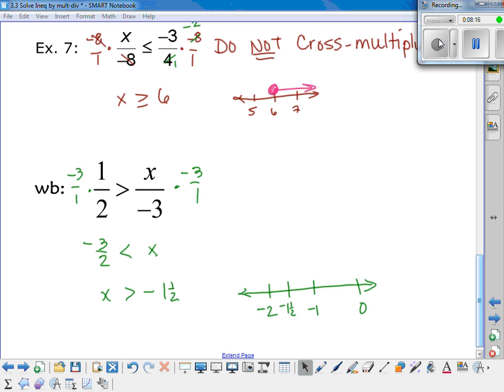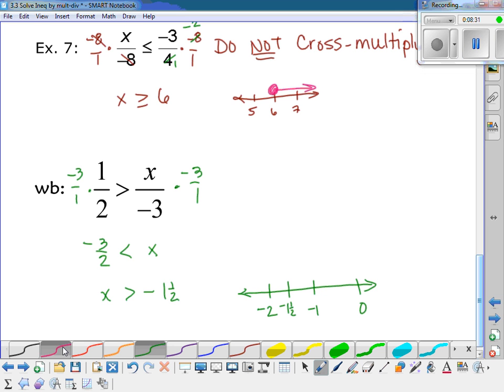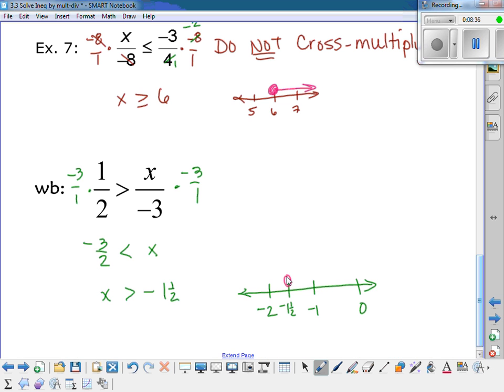And then you end up getting -3 over 2 on the left is less than x. So if you write it the other way around, x is greater than, and I changed it to a decimal, -1.5, because then it's easier to tell just where it's going to go on the number line. And so -1.5, it should be an open circle, and it should have been going to the right.